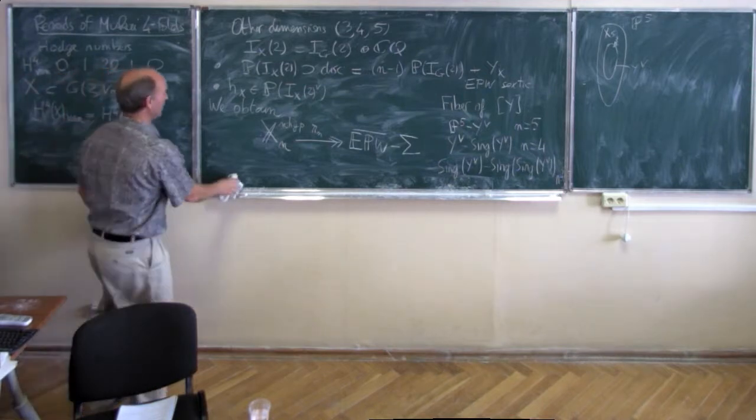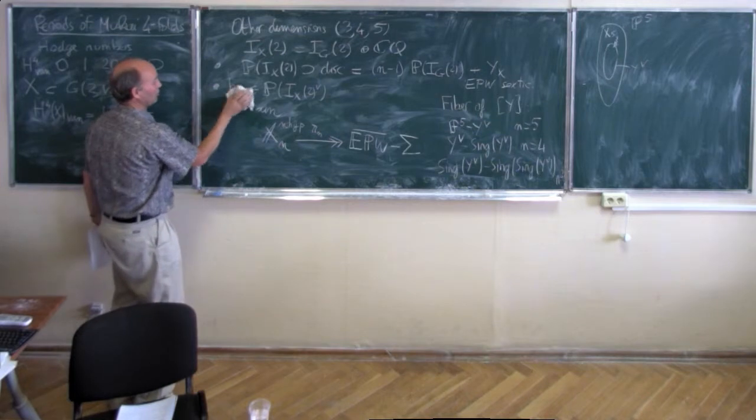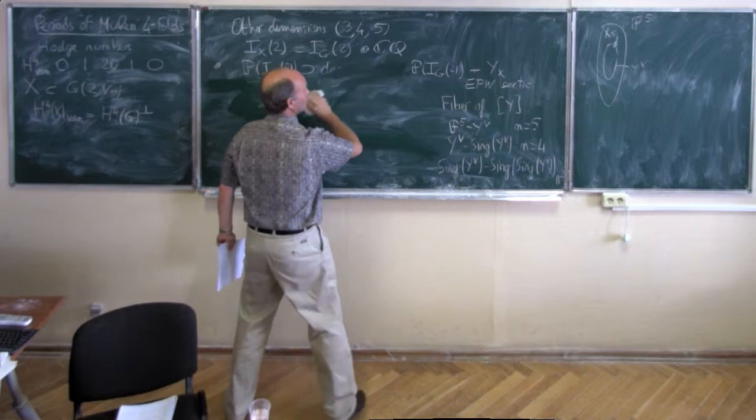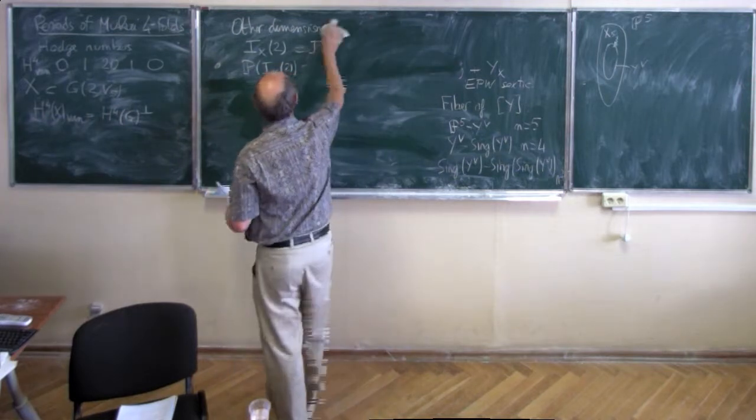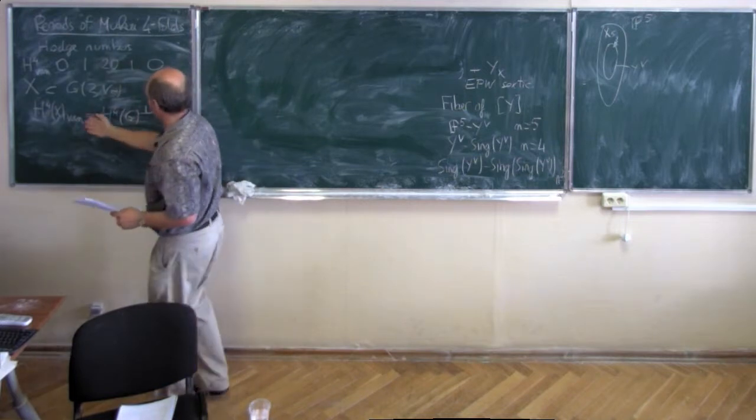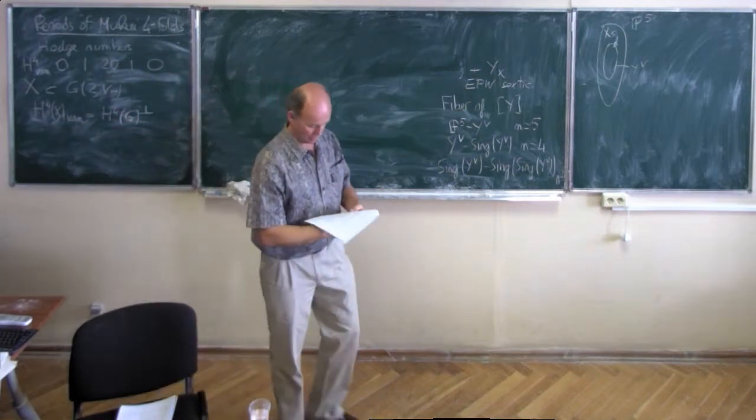So you do the usual construction of the period map. So you can identify the corresponding lattice here. It's not too difficult.